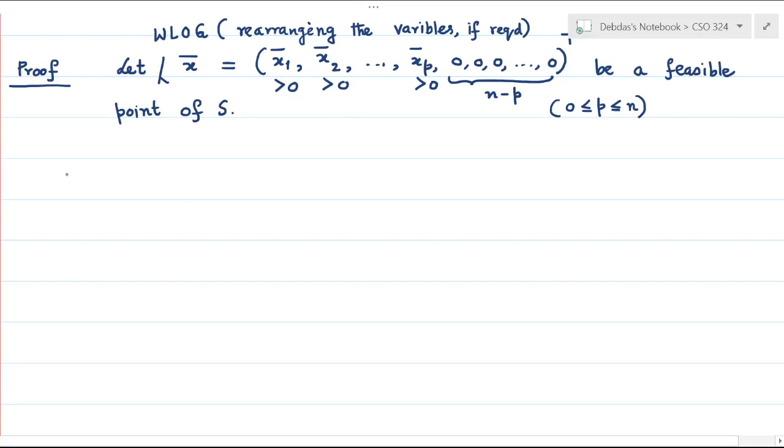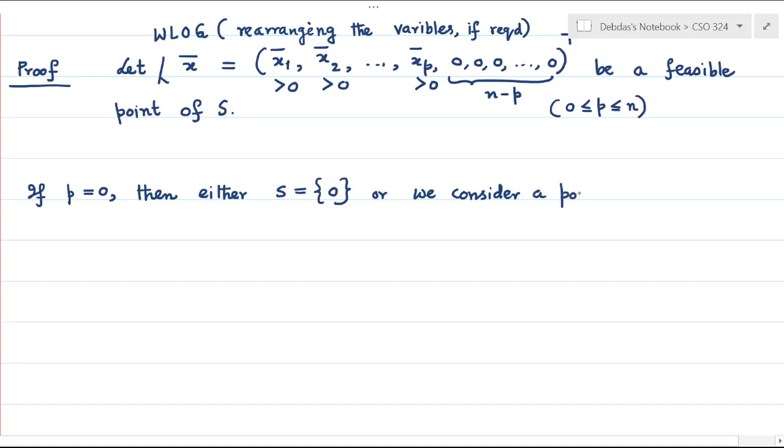Now we'll reduce this x bar to a basic feasible solution. Fine. Now, if your p is equal to 0, then we notice that we have two possibilities: either the set S consists of only 0, or S is not equal to {0}.